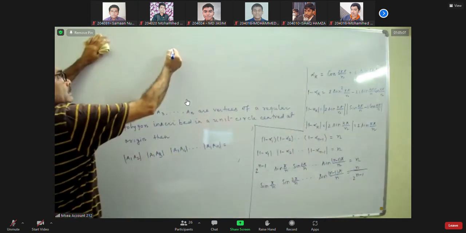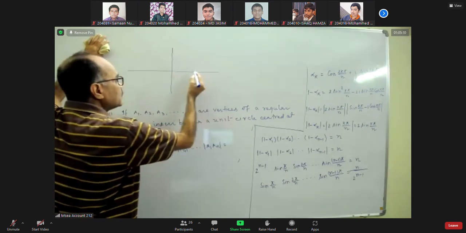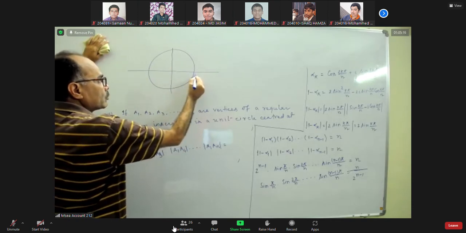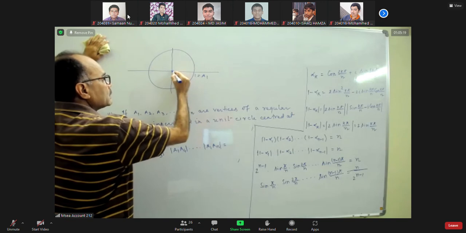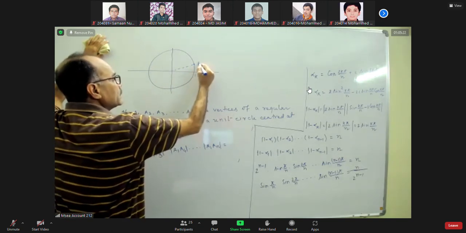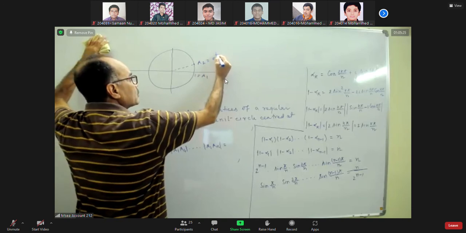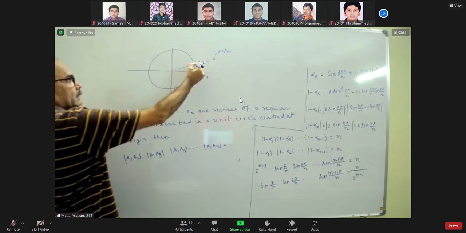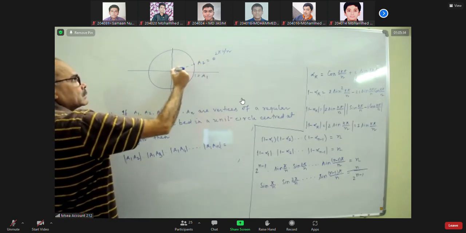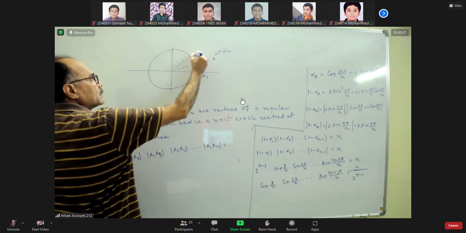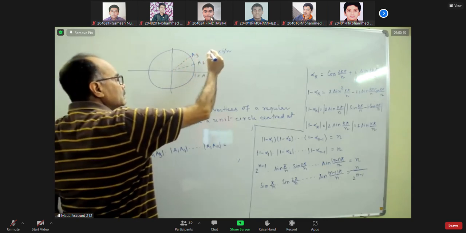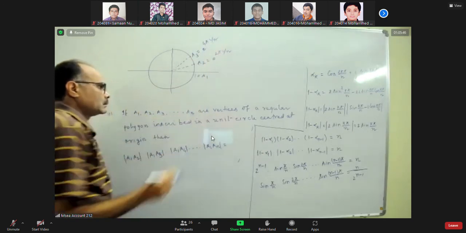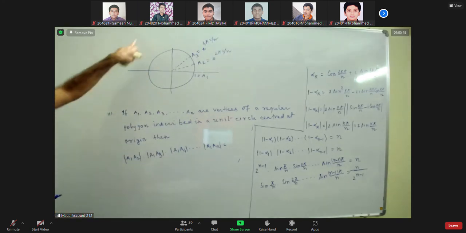So if you take this unit circle, this is 1, A1. This is A2, e to the power 2 pi i by n. Construct the regular polygon. This is A3, e to the power 4 pi i by n.